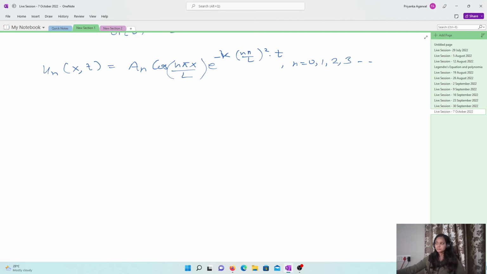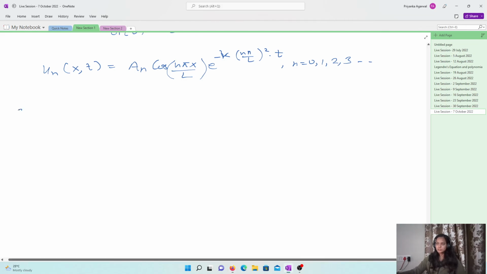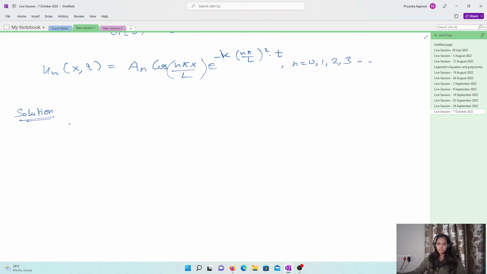Therefore, we can write the solution as u of x comma t equals summation n equals 0 to infinity A n cos n pi x over L e to the power minus k n pi over L squared times t.